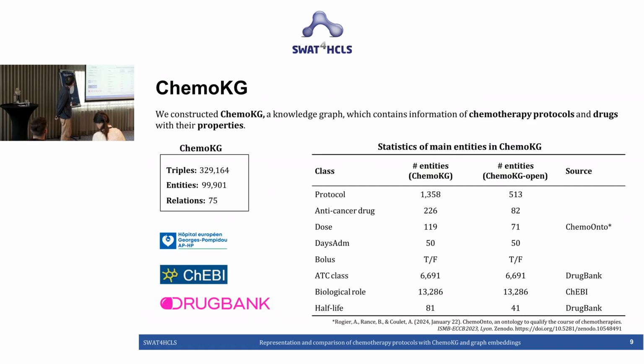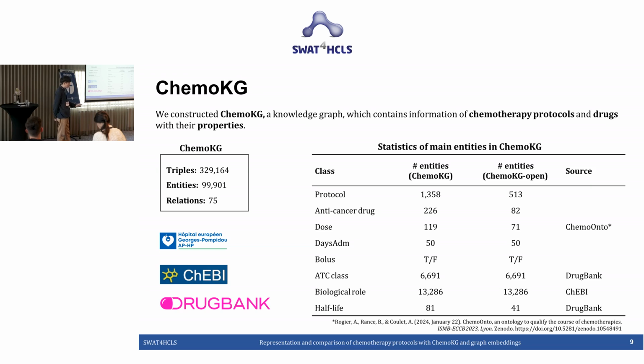For this ChemoKG, we have over 300,000 triples, about 100,000 entities, and about 75 relations.